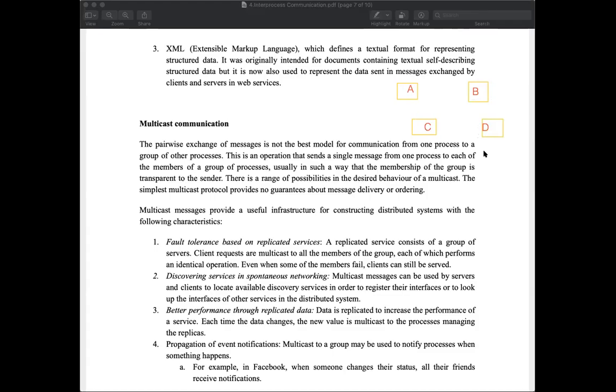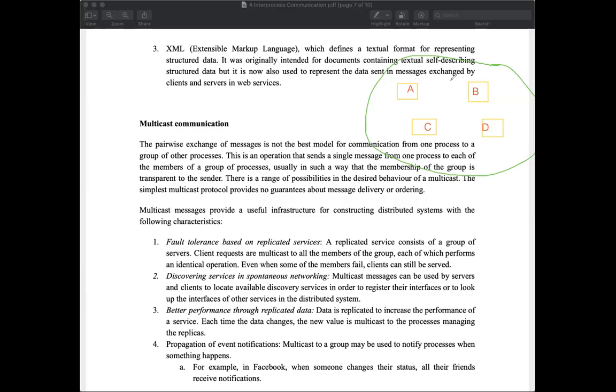Let's say we have 4 nodes interconnected in a distributed system. So this is our distributed system, right? In a distributed system, we mainly refer to multicast communication between the connected nodes, right?